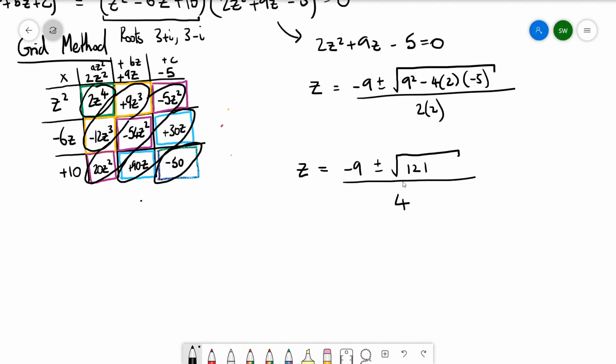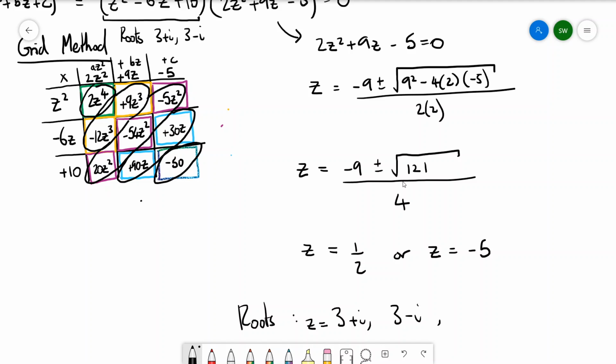So that means that the first quadratic has these two complex, or non-real, roots, and then this one gives two real roots. So we're going to have z equals a half, or z equals minus 5. So it's a good idea just at the end to say what the roots are. So the roots are 3 plus i, 3 minus i, z equals a half, or minus 5.